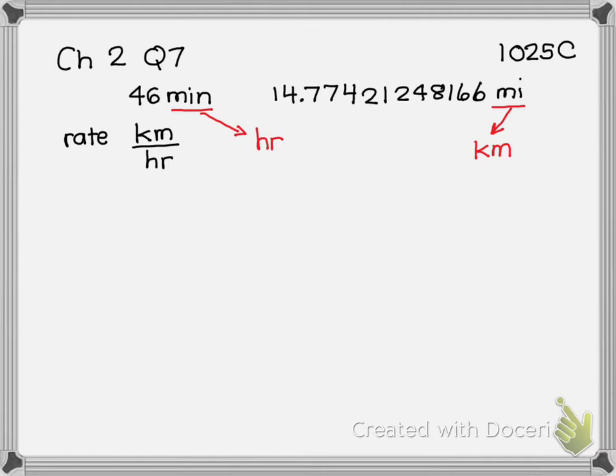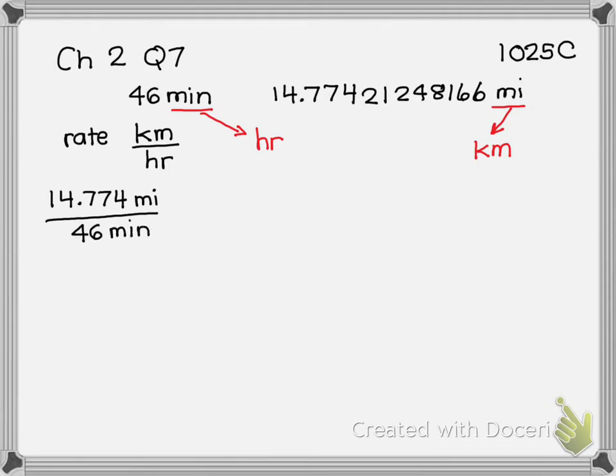So they want the rate in kilometers per hour, but I know that it's miles. And for the sake of writing down this problem, I'm not going to write all the digits in the miles, but when I put it in my calculator, I will use them all, but it's too long.